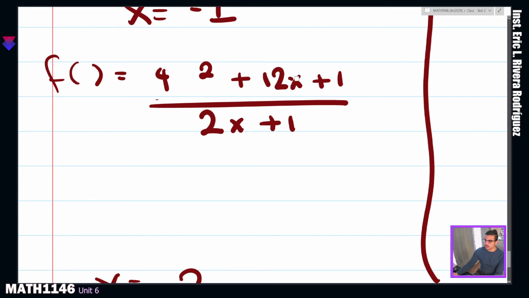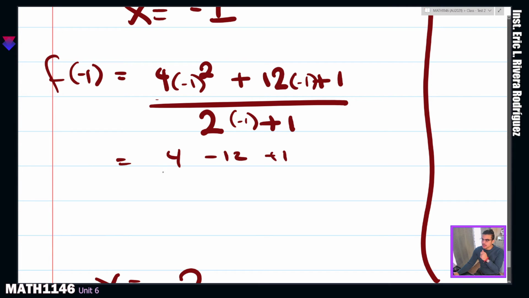Negative 1 in this case. So with negative 1, I have 4 here, I have negative 12, I have 1, then I have negative 2, and negative 1 here.